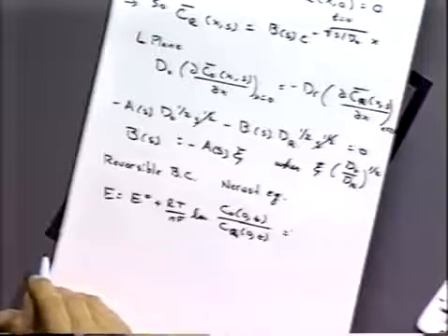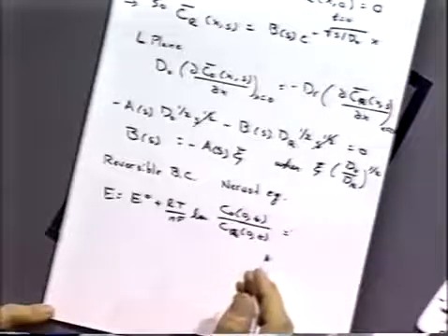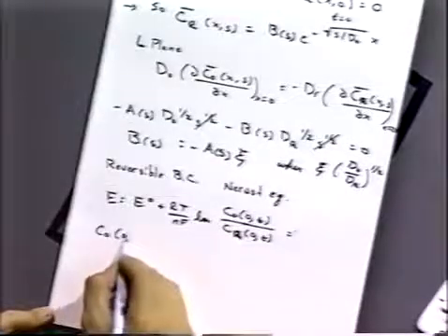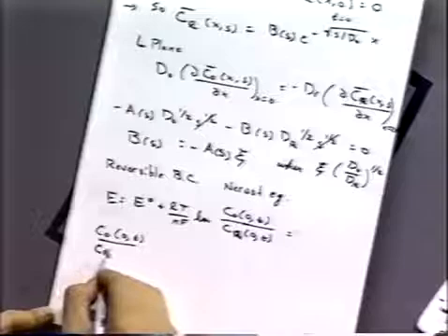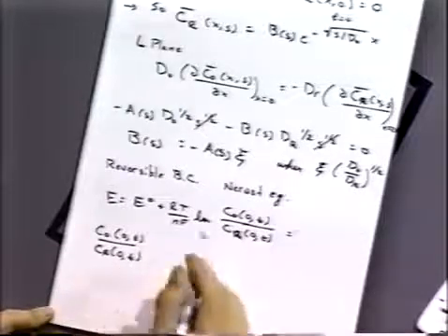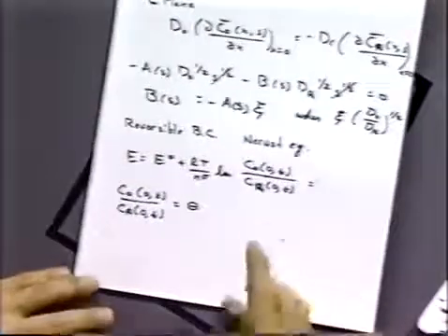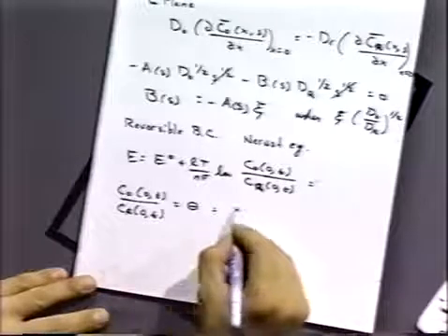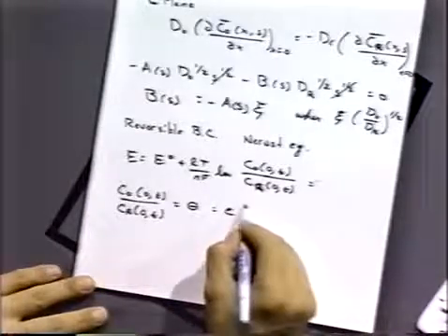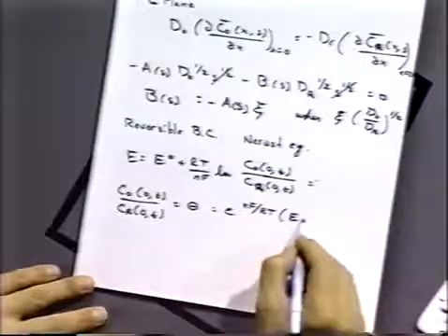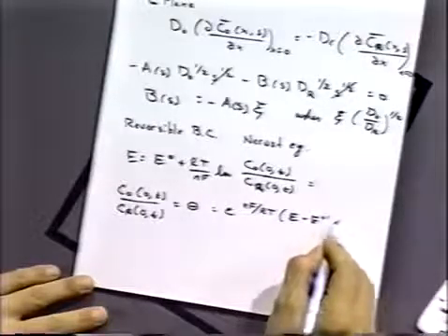We can rearrange this a little bit to make it easier to deal with. For example, we can write the ratio of C_O over C_R. We'll use the Greek letter theta to indicate that ratio, and that then becomes equal to e^(nF/RT (E minus E0 prime)).